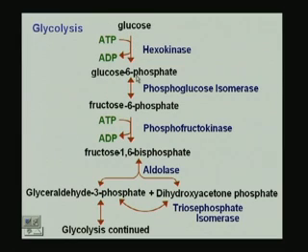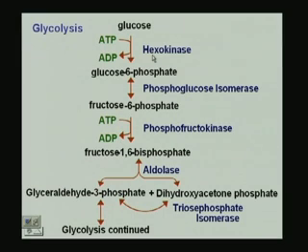Since it took up a phosphate, it required the breakdown of an ATP. It's just summarizing the steps that we've done so far. So we have glucose to glucose 6-phosphate, that required the breakdown of an ATP, and the enzyme was hexokinase.